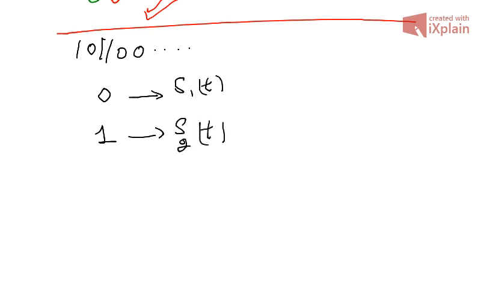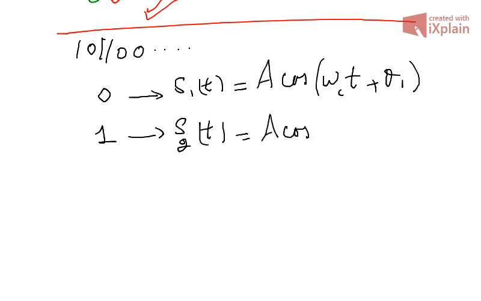These two waveforms are A cos of omega ct plus theta 1, and here it is A cos of omega ct plus theta 2. If you see these two waveforms, they differ only by this theta.